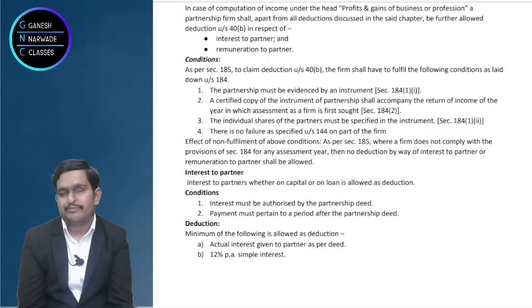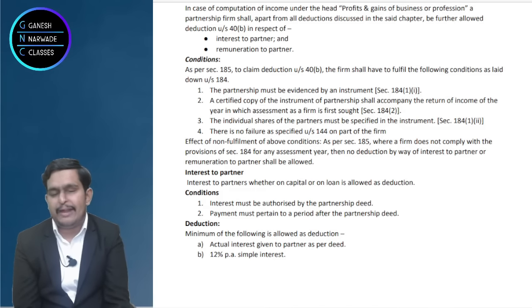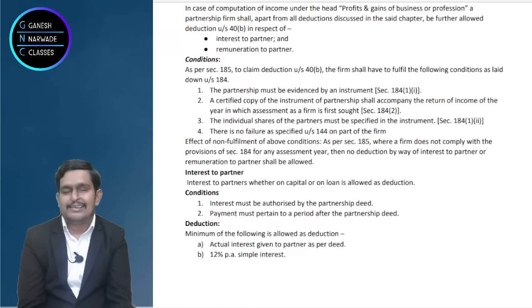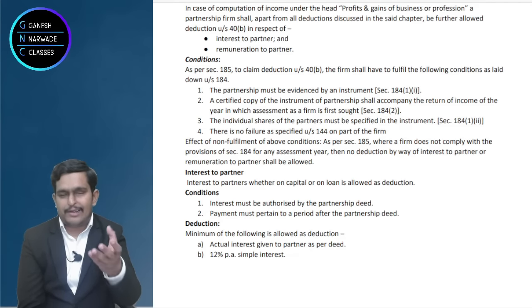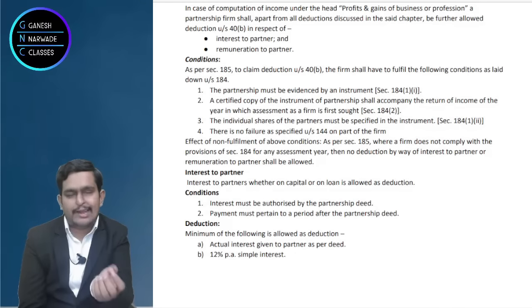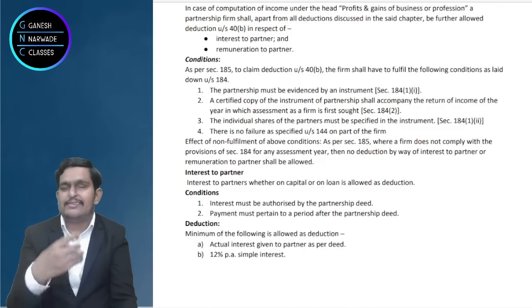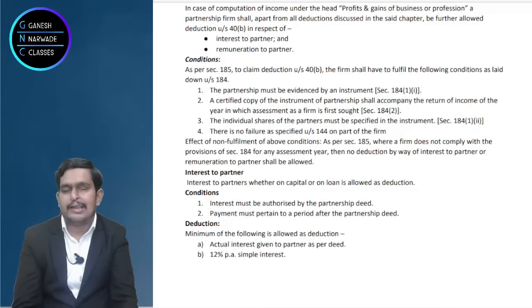That's okay. But please tell us, sir, something that if suppose we paid extra interest than that, what to do with that? It is disallowed. Now, whatever we said, minimum of the two is allowed, I said. So, beyond that, whatever is extra, is not allowed.